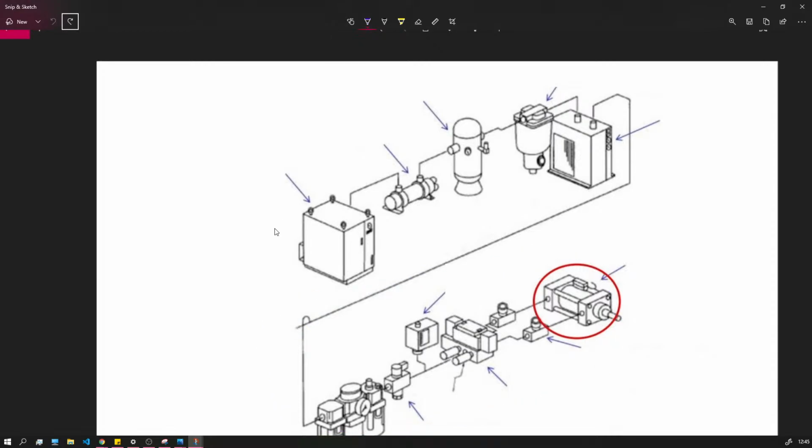We generate in hydraulic and pneumatic systems either pneumatic or hydraulic energy. We distribute it with a distribution system throughout the factory floor, for example, or inside the machine. The distribution system is for that.